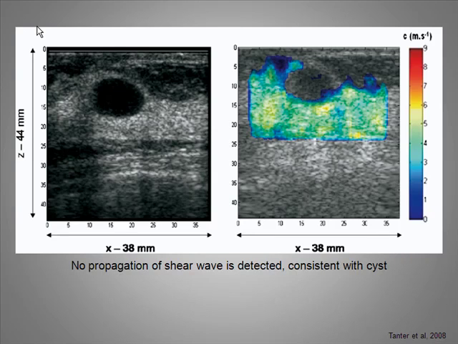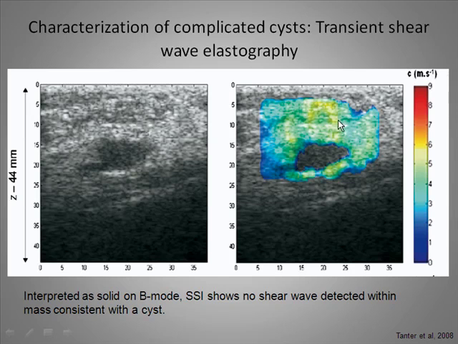Here are some earlier elastograms using shear wave imaging showing the hypoechoic mass empty of signal against a soft background, and another indeterminate hypoechoic mass showing complete signal void against a soft background. Both of these were cysts.